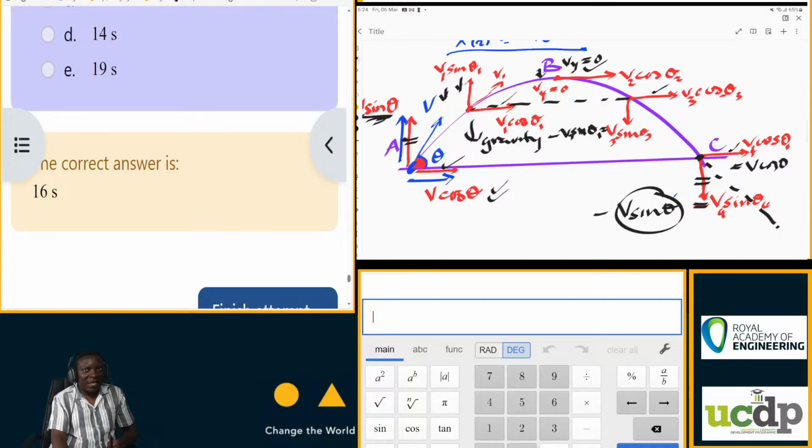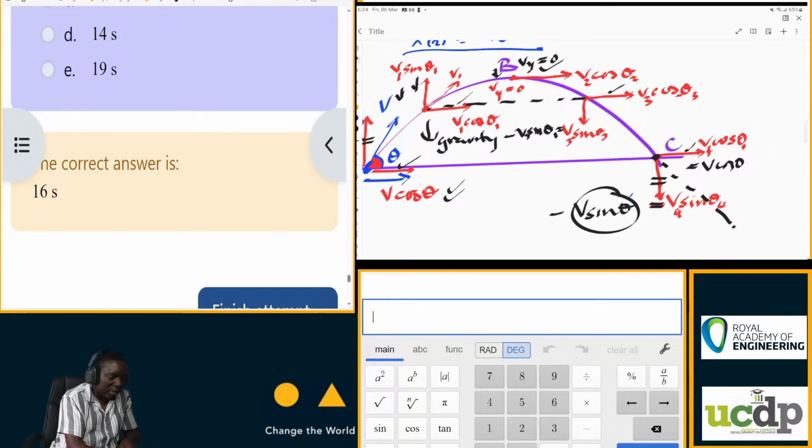By faster, you mean faster than when it went up? Yes, than it went up. Yes, sir. So that's quite tricky to say faster, because it takes the same time to get to B from A as it takes to come from B to C. It takes the same time because it is under the same gravity.